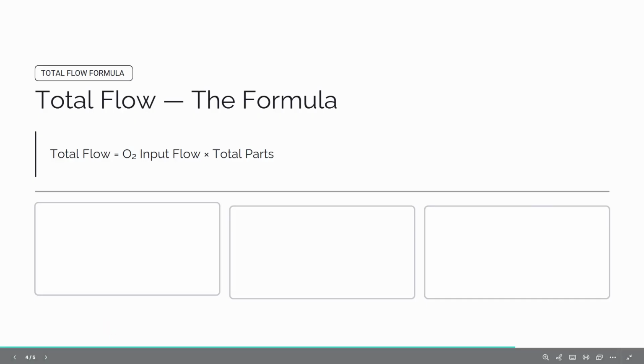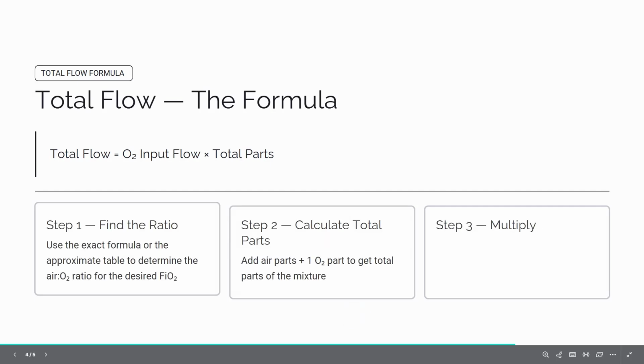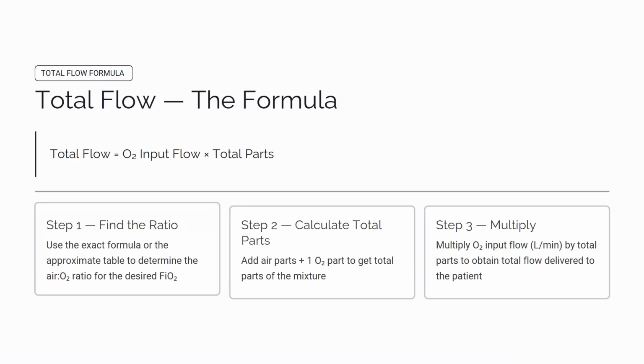Total ratio parts is the number we just calculated, air parts plus the one oxygen part. So you take the oxygen you're feeding in and multiply by how many total parts make up the mixture. That tells you the total volume of gas, oxygen plus entrained room air, actually reaching the patient.